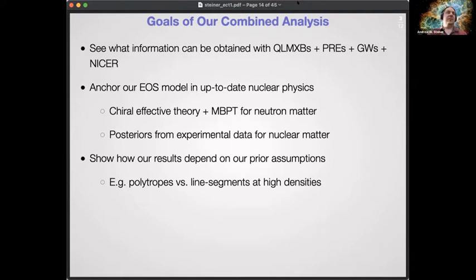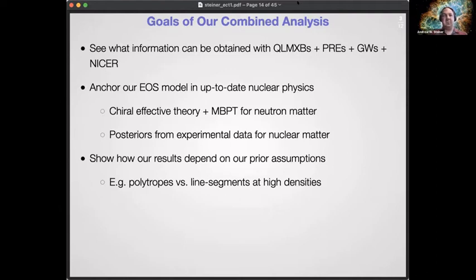And so there are a bunch of different ways of parameterizing or expressing the equation of state space, basically of organizing this uncountably infinite space of all possible functions that are causal and hydrodynamically stable. Polytropes have a long and storied history, and so we use those.